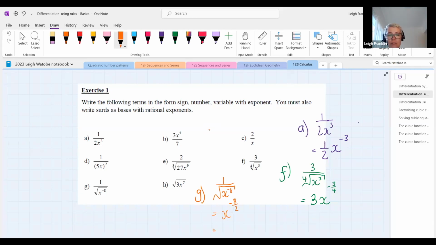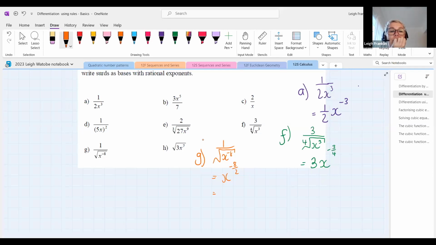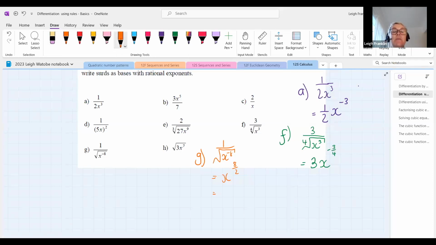Now, can you simplify your exponent? Just hang on a second. You've taken it from the denominator to the numerator, so don't forget to change its sign. So it needs to be positive, but you're on the right track. 8 over 2 means 8 divided by 2, so you can write that as x to the power of positive 4. Good job, Chiamo.